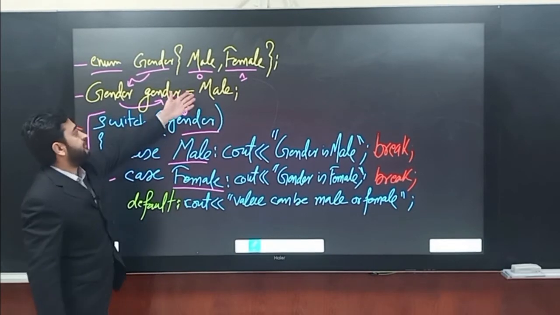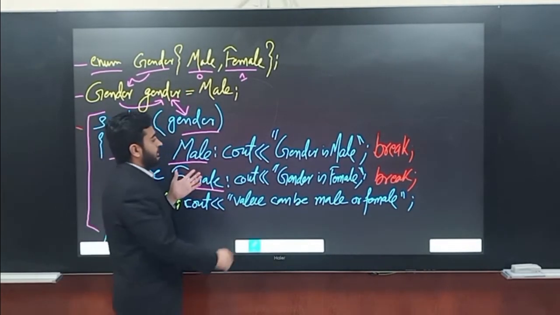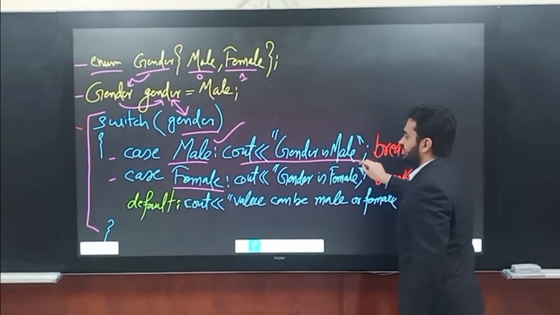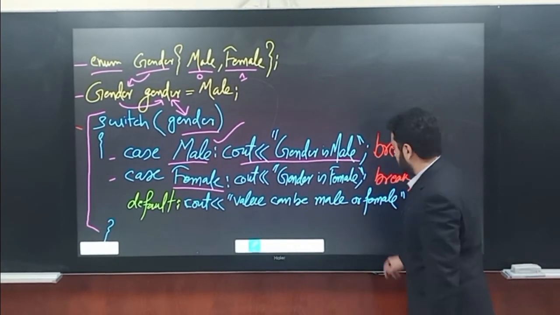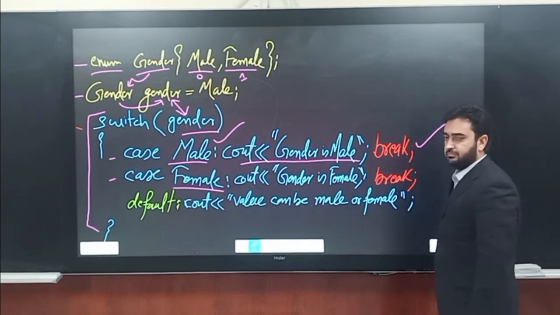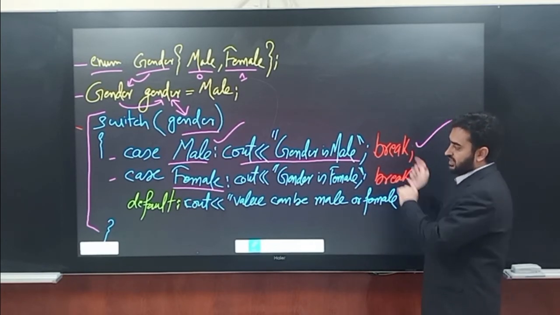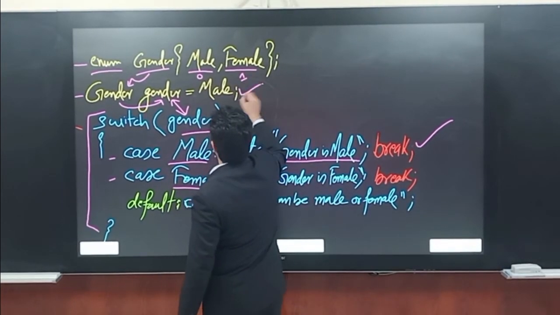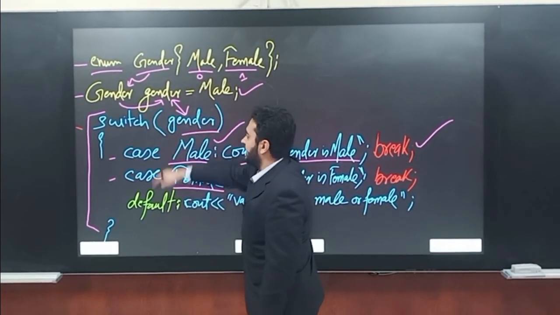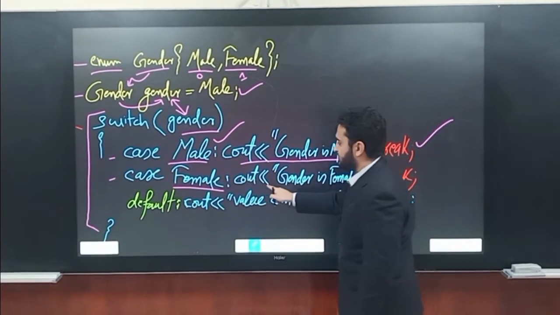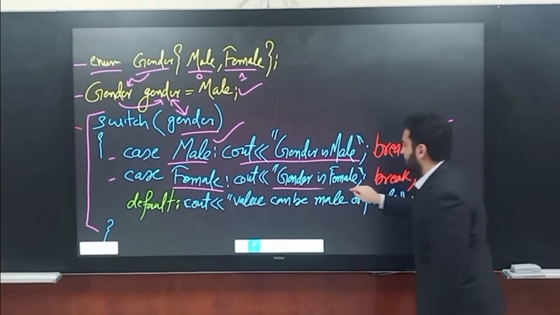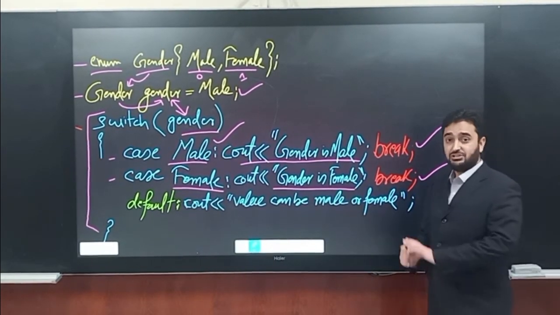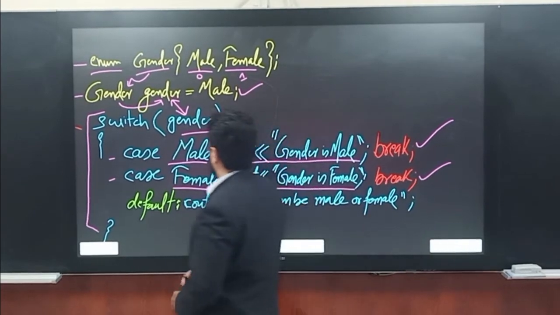If we have assigned male to gender, then obviously this case will be executed, and we will see this statement on the console screen, and then the execution will break and jump out of the body of the switch statement. And if you have assigned female to the gender, then the second case will be executed, and this statement will be printed on the screen, and then we have a break statement, so the execution will jump out of the switch statement.